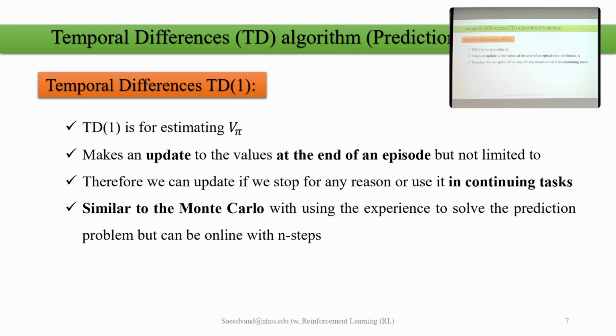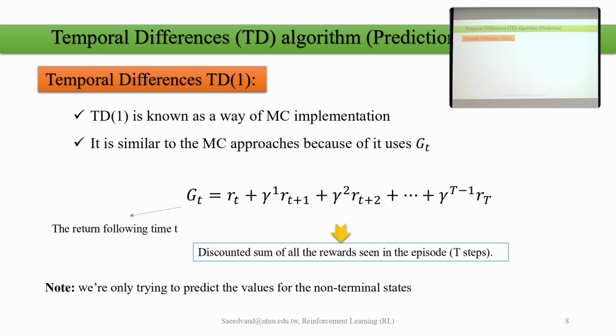But here, we can still have some flexibility on that part. So it is similar to Monte Carlo in using the experiences to solve the prediction problem, but it can be run in an online, step-by-step fashion too.